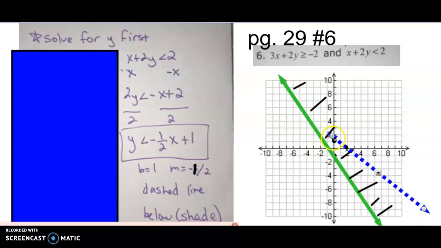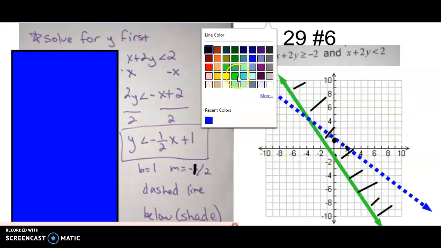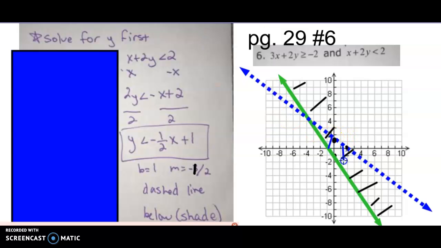I'm just extending it. There we go. And remember, since it's less than, I'm going to shade below this line. So I'm going to remind myself, go below, shading below the line. And the final solution to this is going to be where the shading for both lines intersect. So it's going to be this part right here.